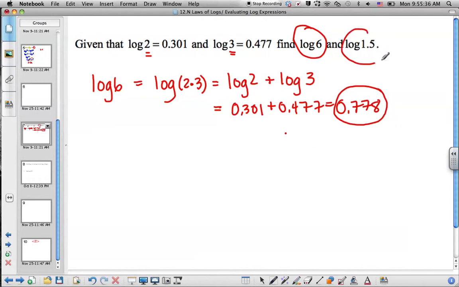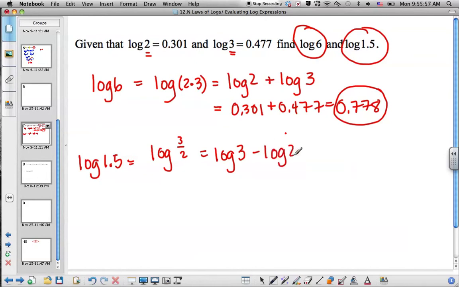Okay, let's go over here now. We have log of 1.5. Well, if you can recognize the log of 1.5 when we're given 2 and 3, let's simply write the log of 3 divided by 2. Since 3 divided by 2 is 1.5, we can rewrite this with our laws of logs as log of 3 minus log of 2.